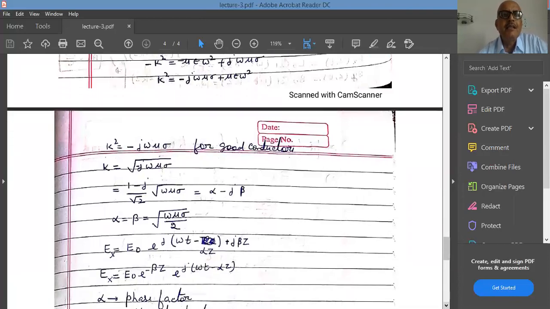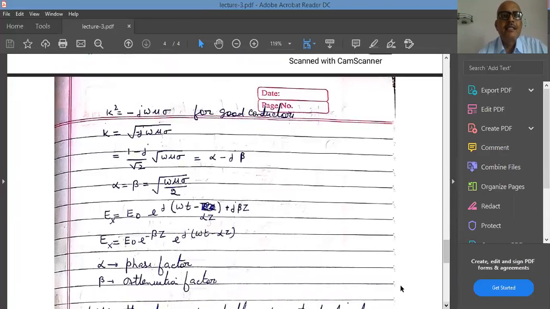And once it is imaginary, now we can make a substitution for k. K is now alpha minus j beta, where alpha and beta are the square root of omega mu sigma upon 2. So if you put it here, see carefully, when this goes inside, this term comes outside and it becomes E0 e to the power of minus beta z, e to the power of j into (omega t minus alpha z).